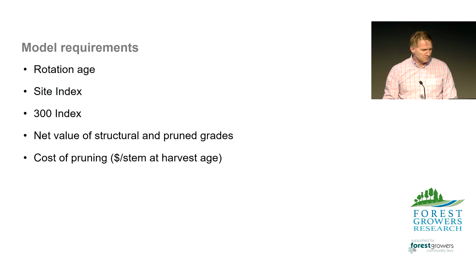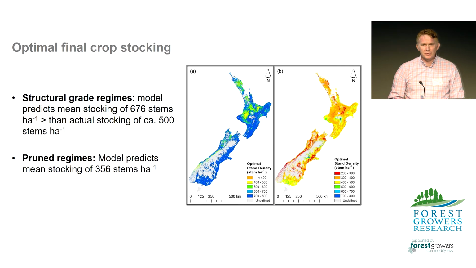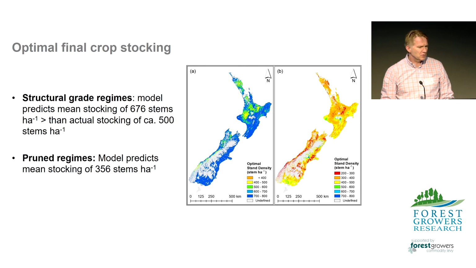after the presentation. The useful thing about this model was that because it runs off site index and 300 index, we have these surfaces for radiata pine, site index and 300 index, so we can generate spatial predictions of the optimal final crop stocking.